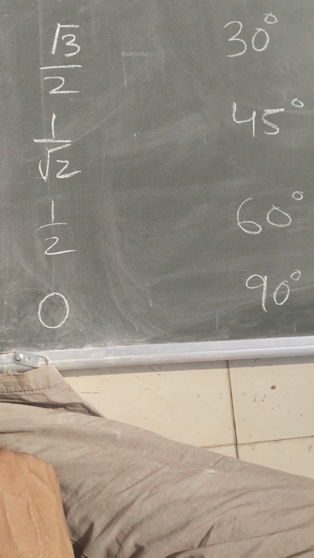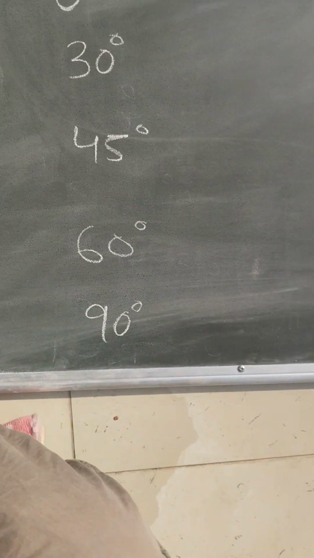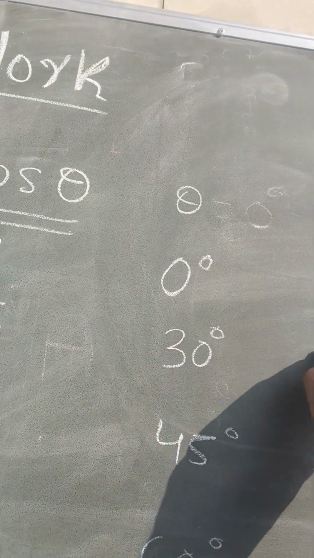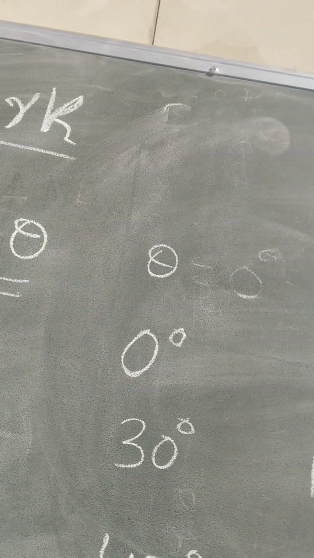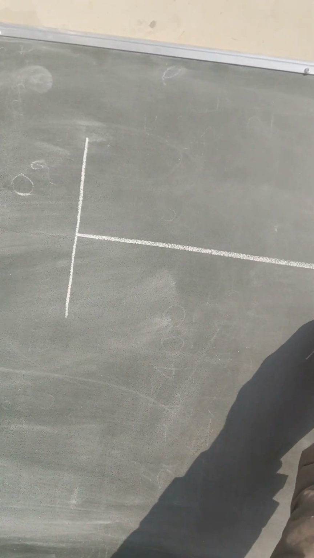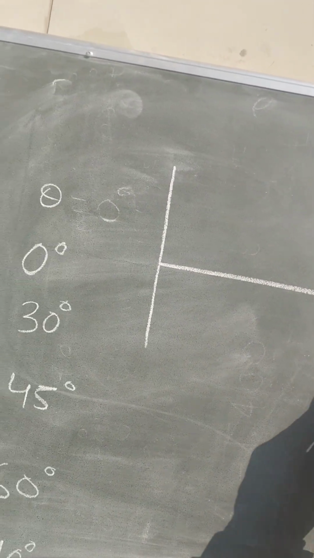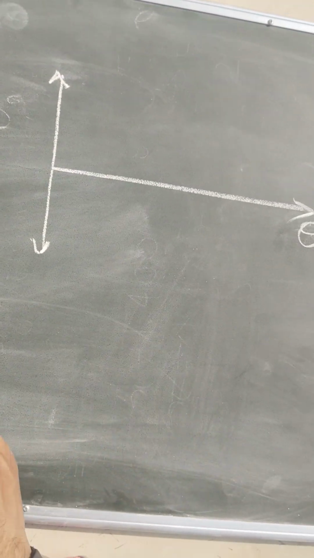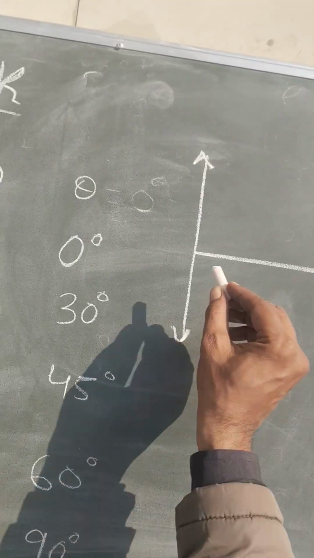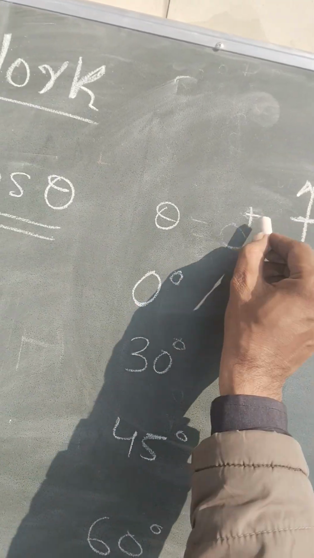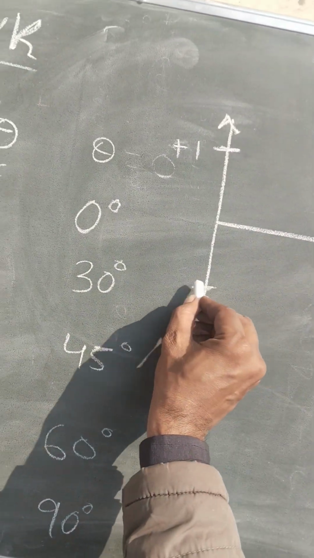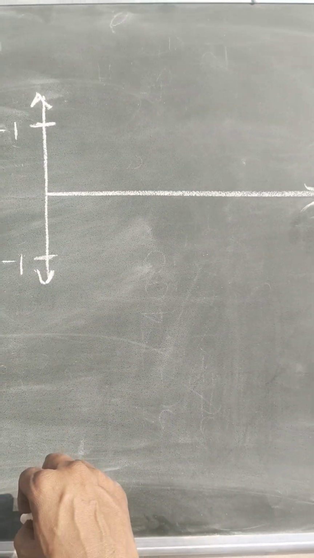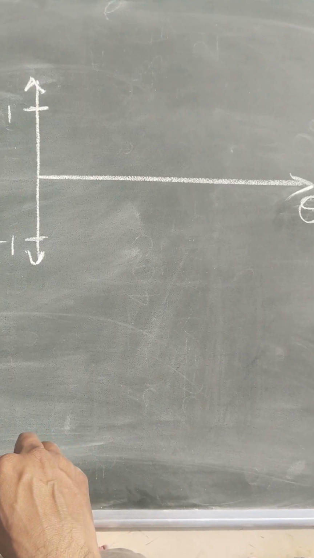So how does cos behave? If these values are plotted, suppose this is the different values of theta, and this is +1, and this is -1. I think you can see.